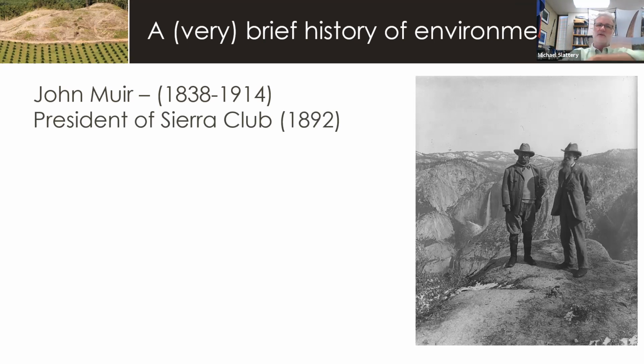Muir's approach to the environment was not one of conserving nature for the use of human beings, but that nature had a right to exist in and of itself, and that we as a species, human beings, should engage with nature from a kind of spiritual, religious, transcendental approach, right?